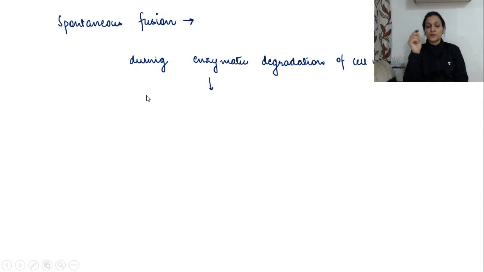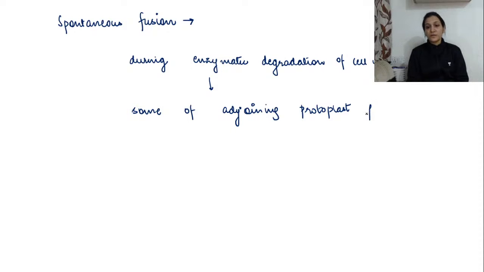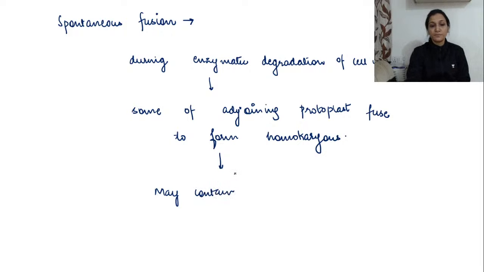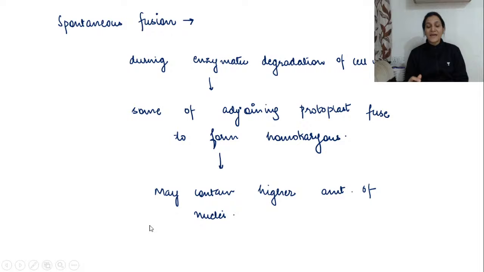Some of the adjoining protoplasts fuse to form homokaryons, and these fused cells sometimes contain a higher amount of nuclei because of expansion and subsequent coalescence of the plasmodesmal connection between the cells.